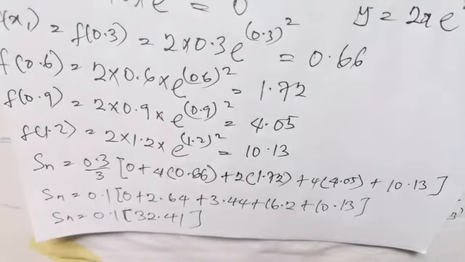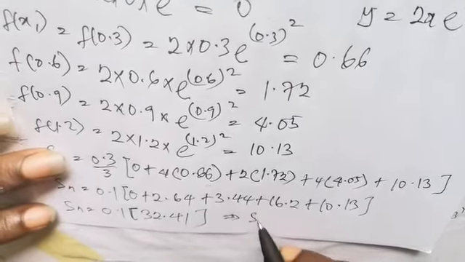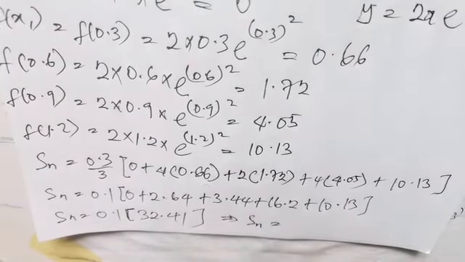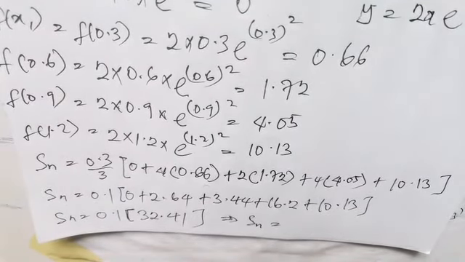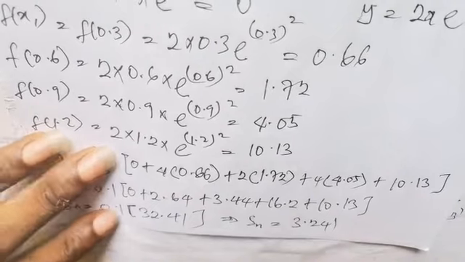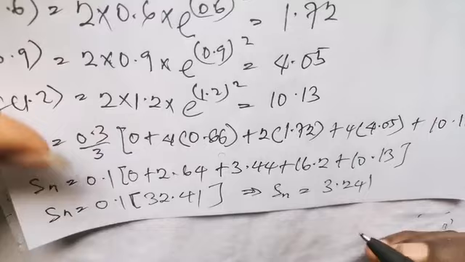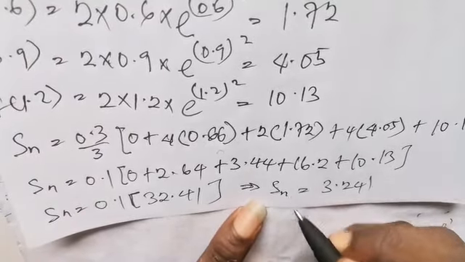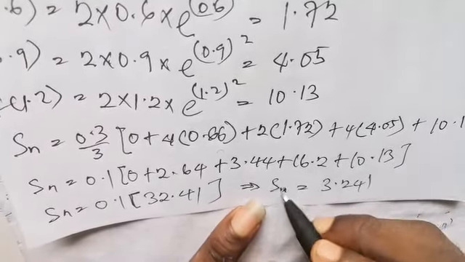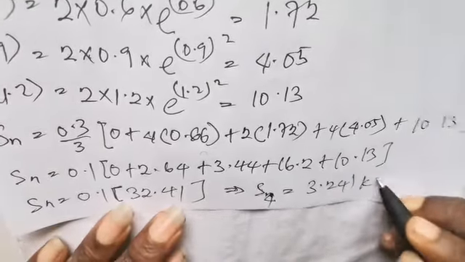Multiply that by 0.1, and we have Sn equal to 3.241. Since n is 4, x4 is equal to 3.241 kilometers.